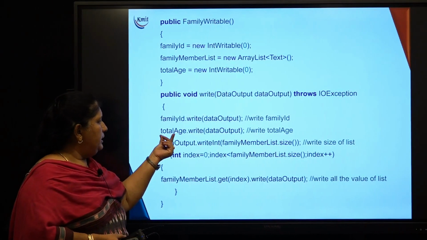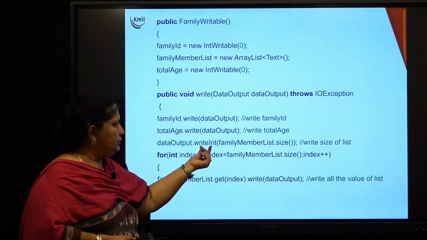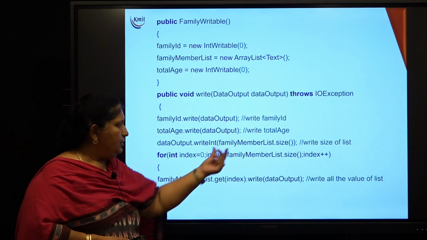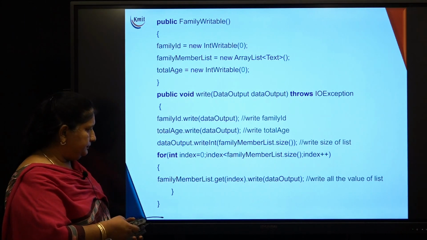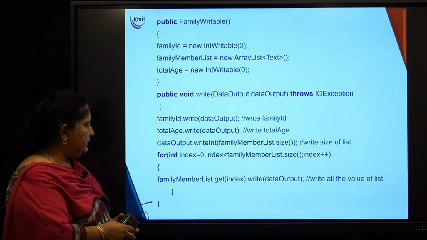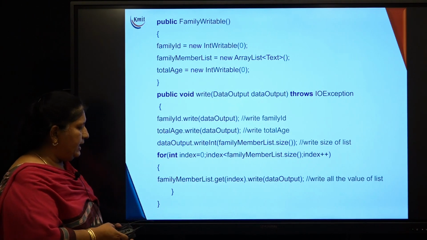Similarly, total age is to be written, dataOutput.writeInt of the family members list size, and you are trying to list out all the members based on the index value.